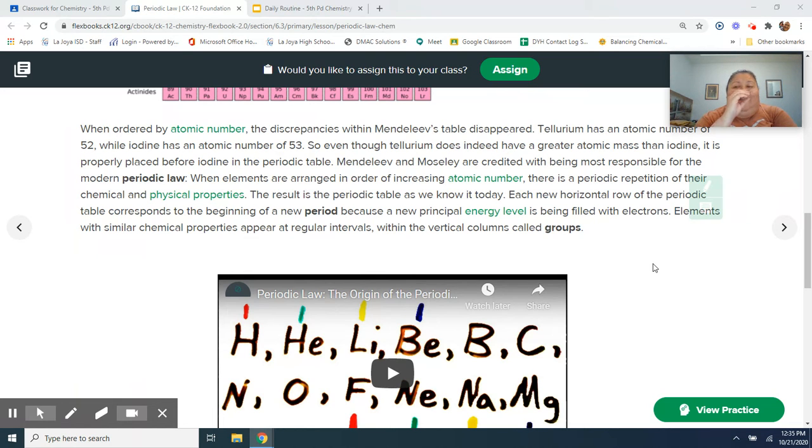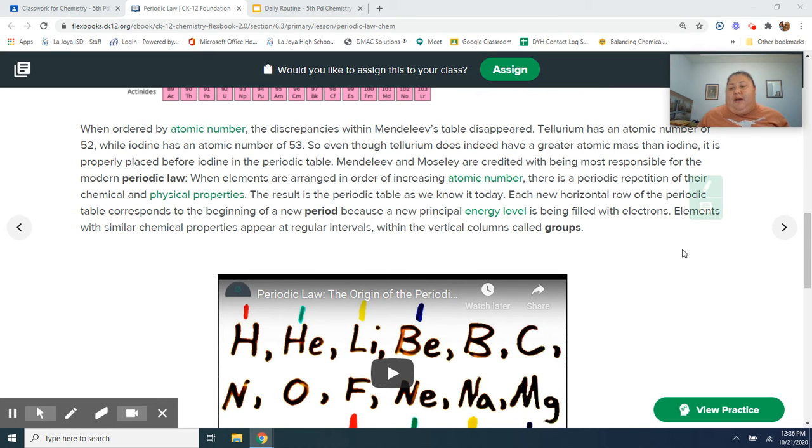Well, there were a couple of problems with Mendeleev's periodic table. When he changed it from atomic mass to increasing atomic number, it fixed those little discrepancies that Mendeleev's periodic table had.